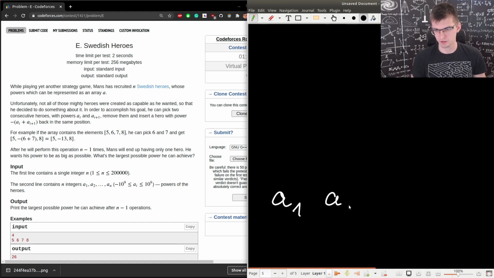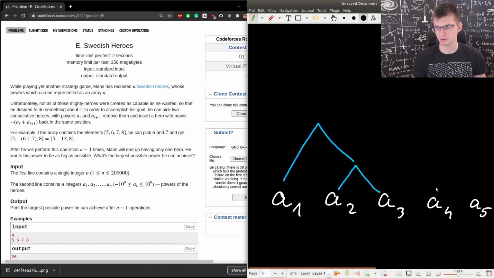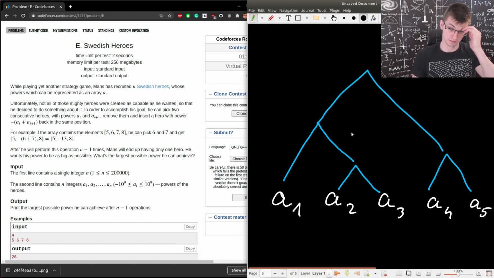There is A1, A2, A3, A4, A5. Then they are combined like this. This would mean that A2 and A3 are combined, so then we have the sum of them with minus. Every number will be counted with some multiplier here in the final answer.